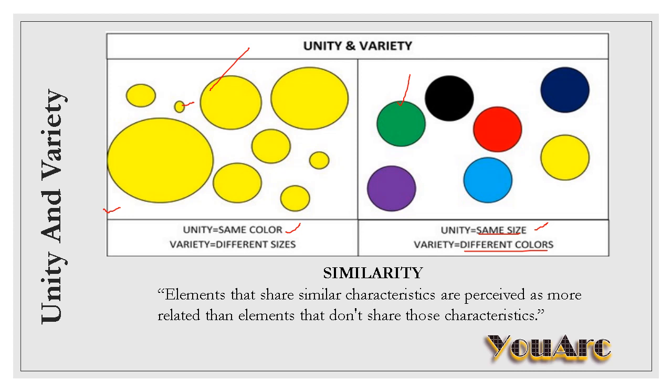Unity is also called similarity. Okay, the elements that share similar characteristics are perceived as more related than elements that don't share the characteristics. So similarity and unity are more or less similar.